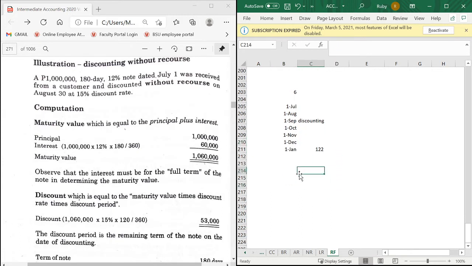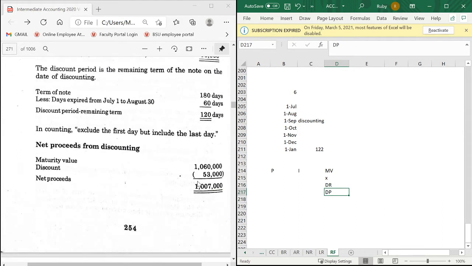Okay. Principal plus interest equals maturity value. Ngayon, yung maturity value, yan yung ita-times mo sa discount rate at discount period. So, principal plus interest equals maturity value. To get the discount, yung maturity value, i-multiply mo sa discount rate at sa discount period.